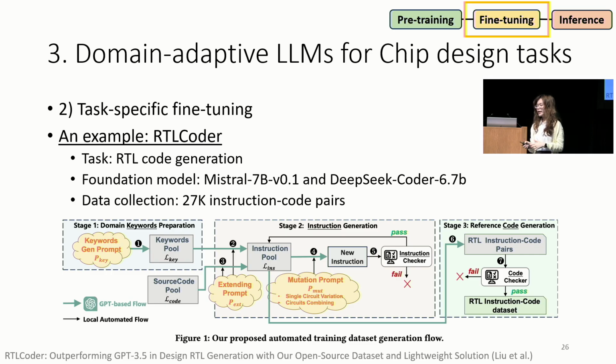So what they do here is, given a lot of source code, they also collect a pool of keywords and ask the GPT model to construct a task description from the keywords in the pool, and then pair it with the source code that they have. They also have a checker to check whether the instructions are valid or not. After that, they collect 27K instruction and code pairs to fine-tune their model.